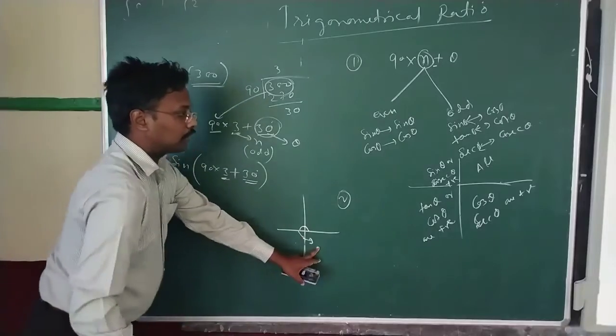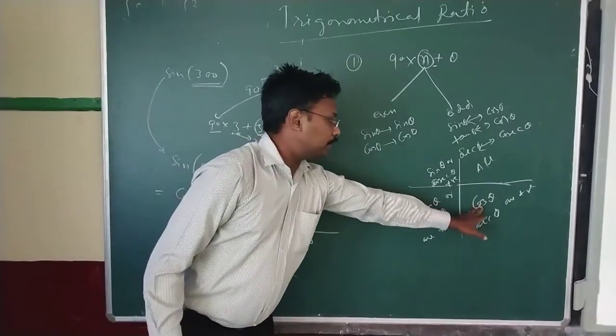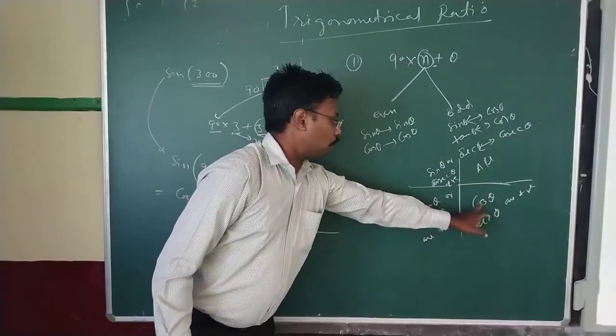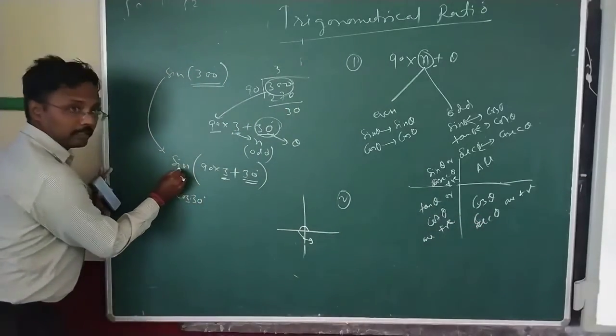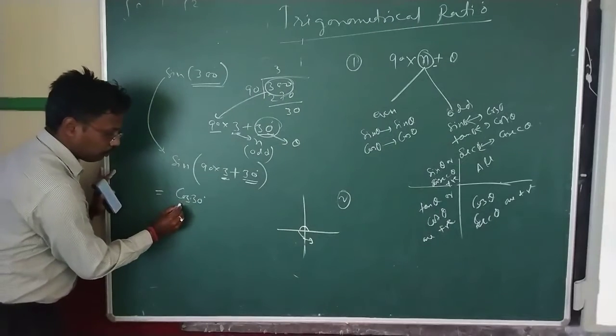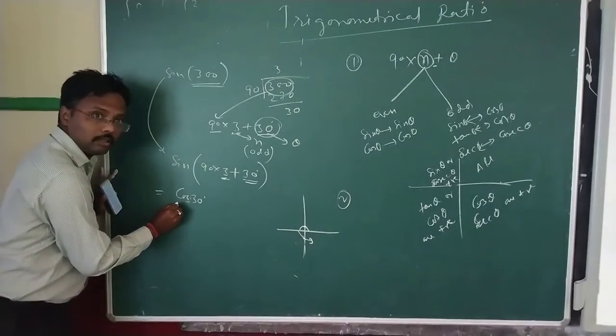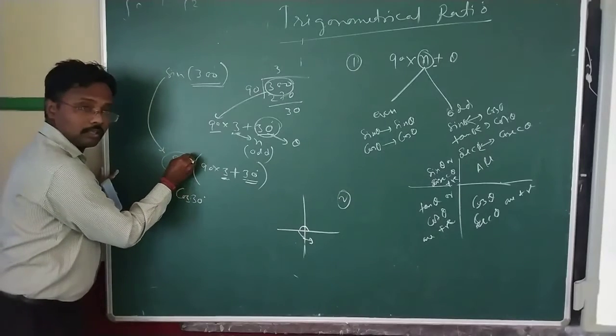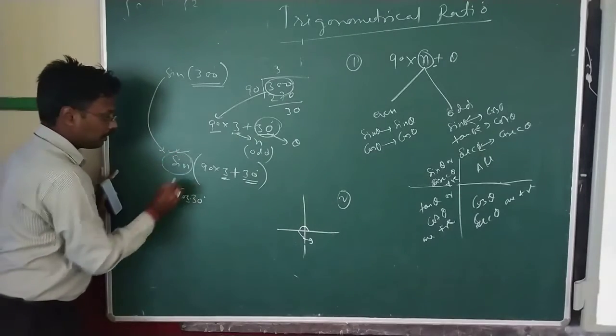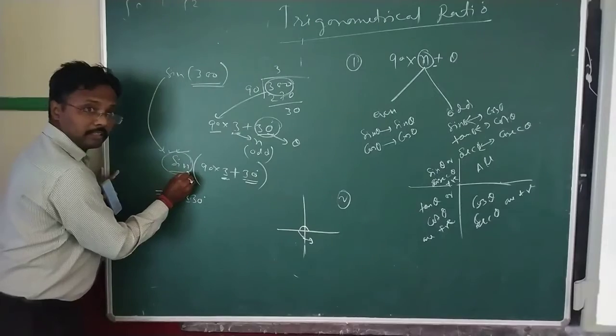Now in the fourth quadrant, which trigonometric ratios are positive? Cos or sec. Now here we are getting sine. Now one thing you must remember, don't look at your answer. For this quadrant, you need to check what the question is asked. So look at this, right? Now here we are getting sine.